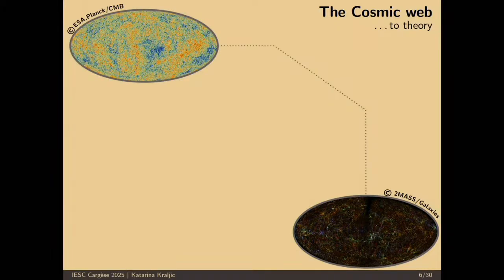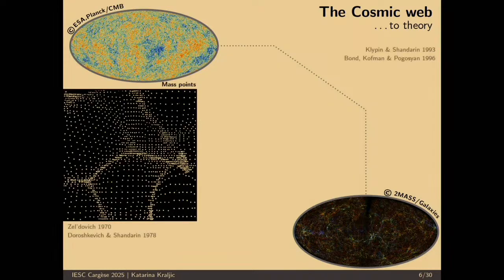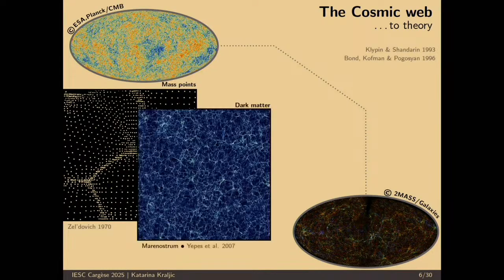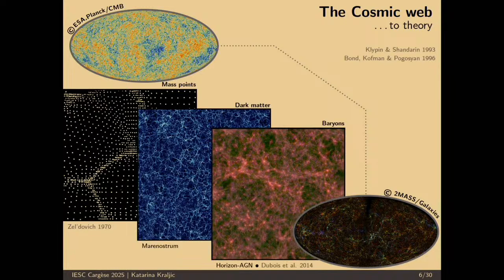We understand that this comes essentially just through gravity, which makes the initial fluctuations generated in the early universe evolve in this expanding universe. And this was nicely confirmed by all types of numerical simulations with larger volumes and higher complexity.